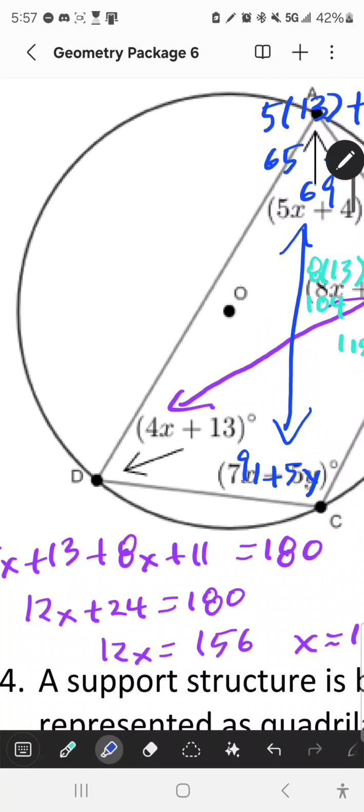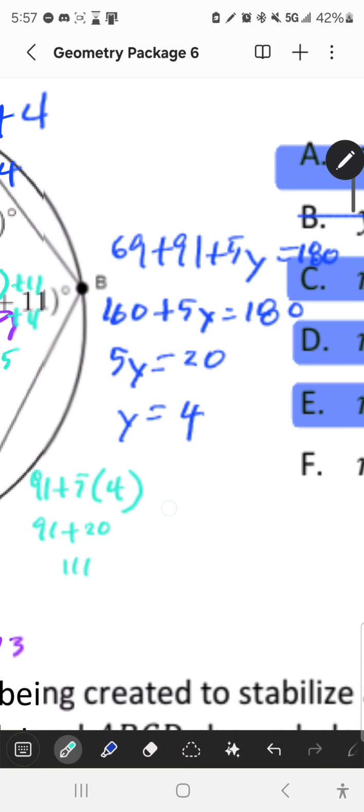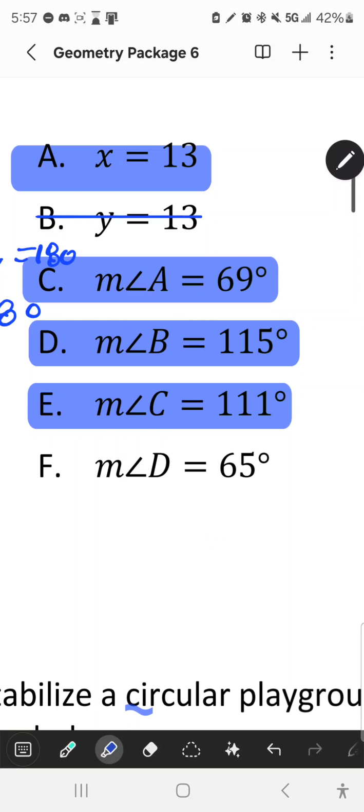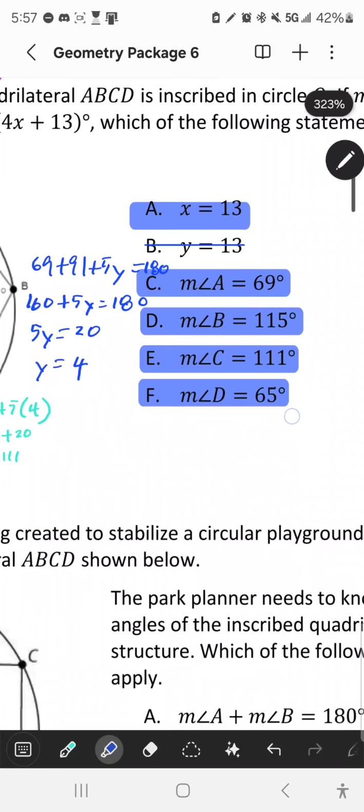So we have 4 times 13 plus 13. 4 times 13 is 52 plus 13, which is 65. This is what it says here, so we got the right answer.